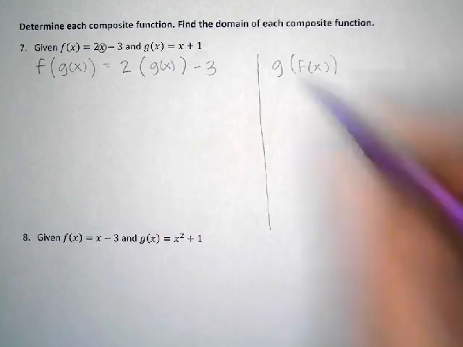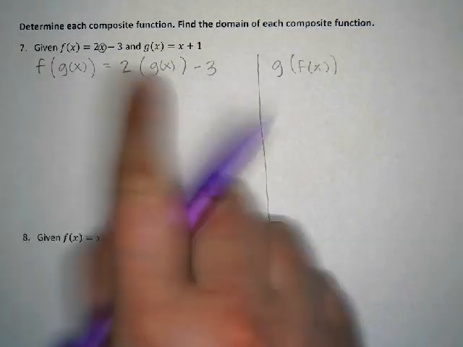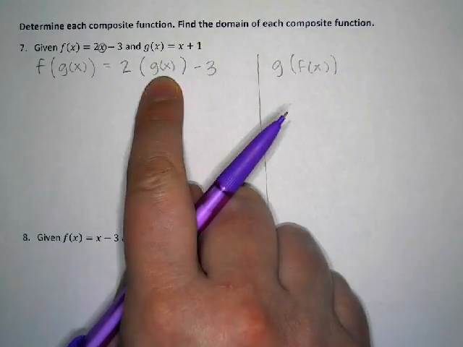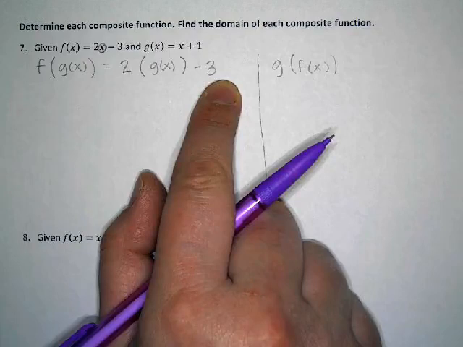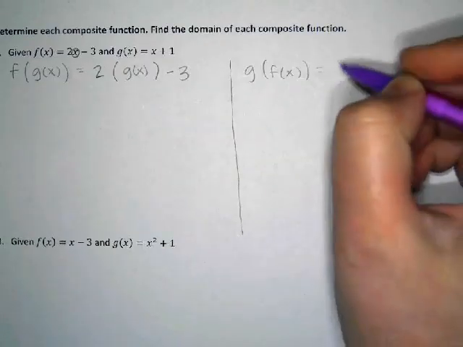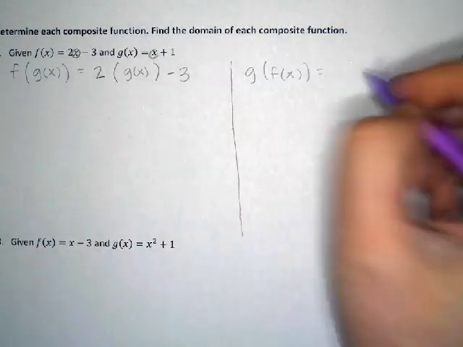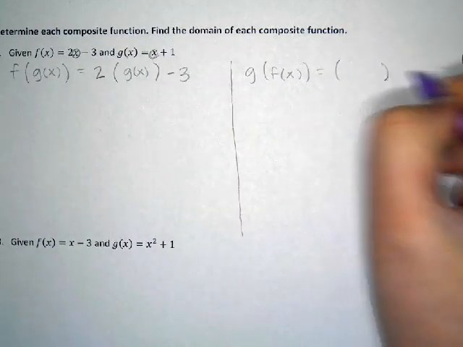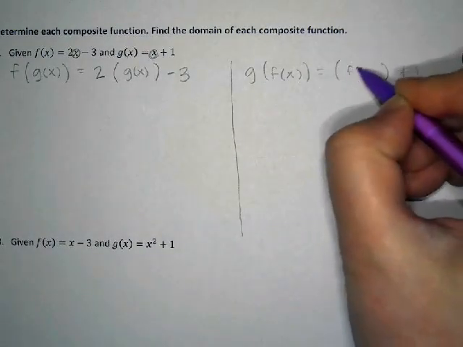So f of X is 2 times X minus 3. Does that make sense? We can see how f of X was written. For G of X, this one was X plus 1, so I'm going to leave some space, plus 1. And inside, I'm going to be putting f of X. F of X plus 1.